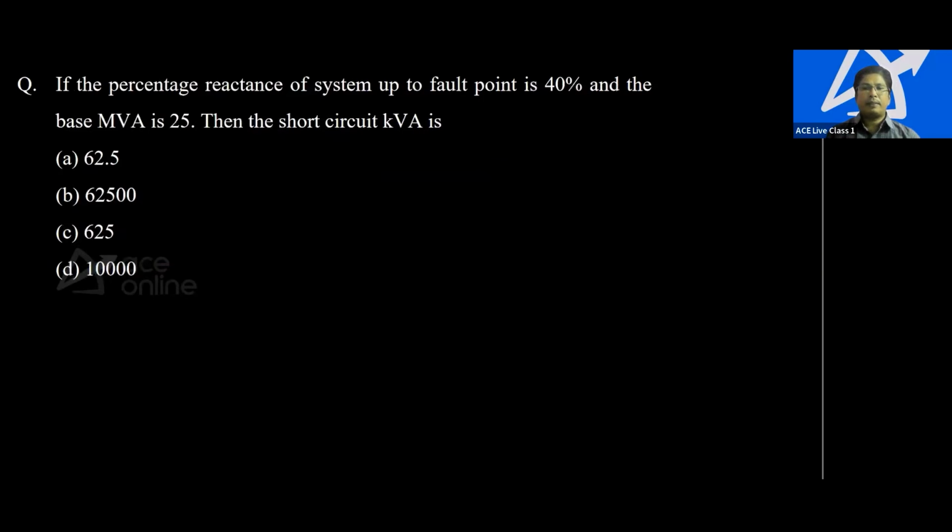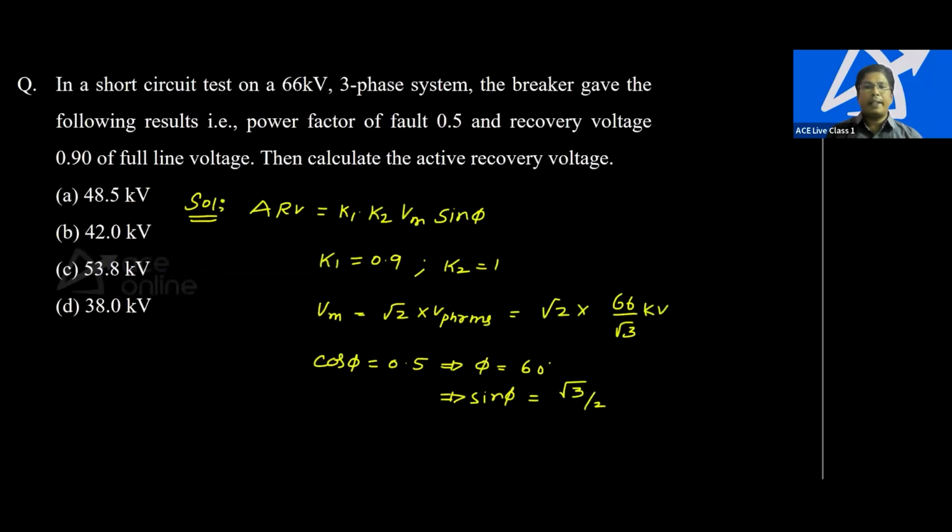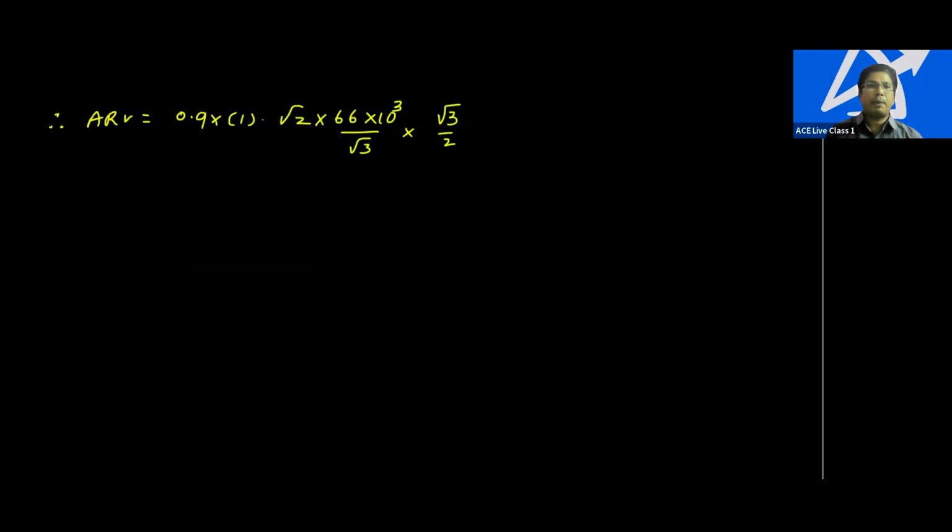Substitute these values, students. Therefore, the active recovery voltage is equivalent to some constant K1 is 0.9, K2 is 1, Vm, it is root 2 into 66 into 10 power 3 divided by root 3, into sin phi, it is root 3 by 2. We can give the answer in kilovolts so that we can remove this 10 power 3.